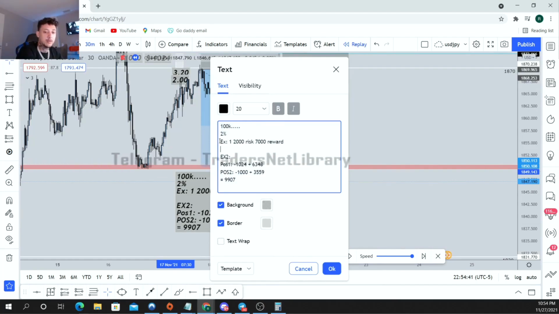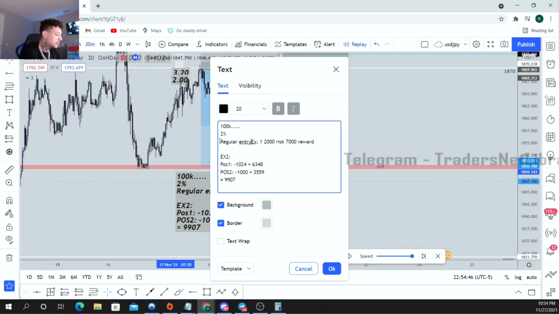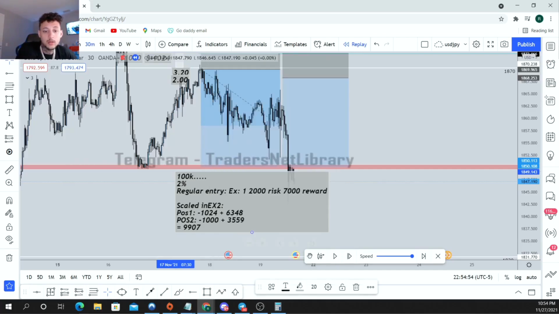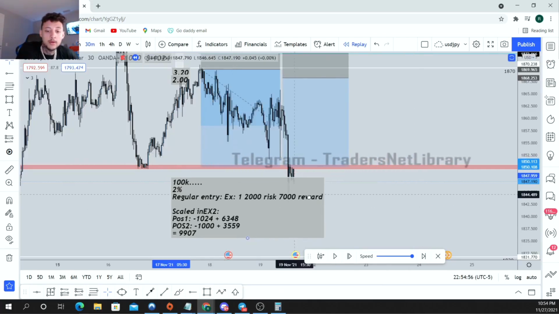So I'm going to do the example right here, regular entry, and then scaled in. I can't believe I typed scaled in wrong. And there you go.